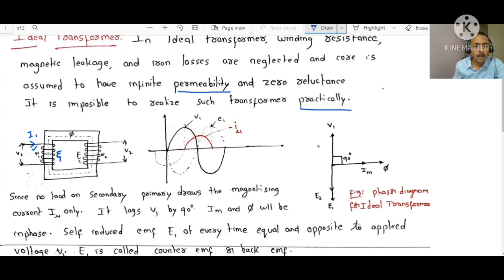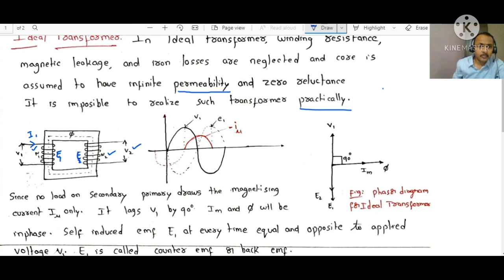Now whatever flux is established in the primary winding is also going to link the secondary winding. Because of this, some EMF E2 will be induced in the secondary winding, which has N2 turns. Now the voltage available across the load terminals on the secondary side is V2.